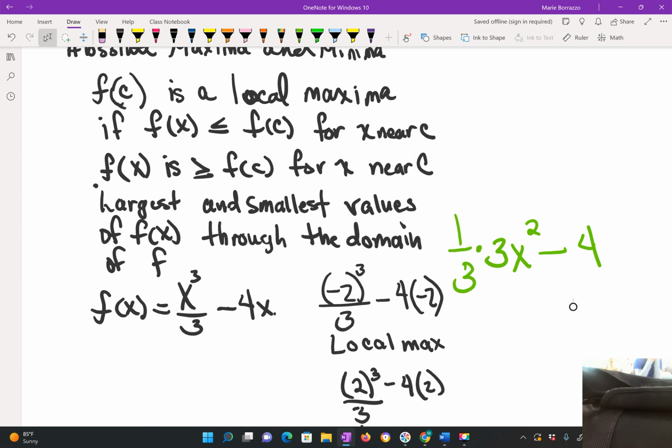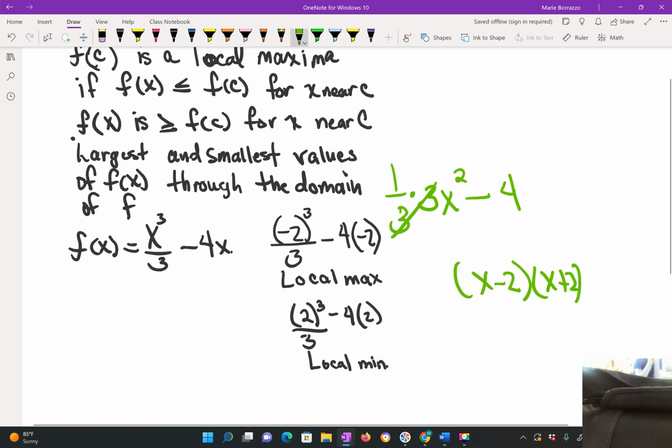Would you argue that the 2 points that we're looking for would be x minus 2, x plus 2? Because technically these are canceled out, leaving you x squared minus 4, which if you factor them, that's where you're getting the plus 2 and minus 2 that we're substituting in here. And that's telling us where our values are.